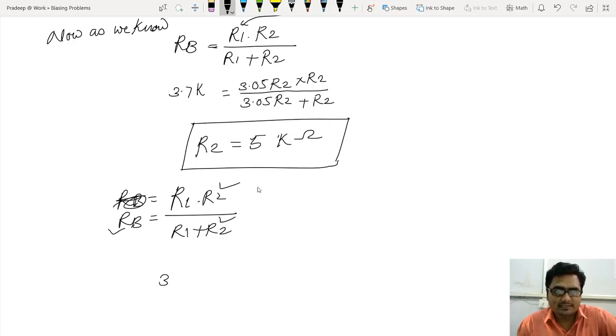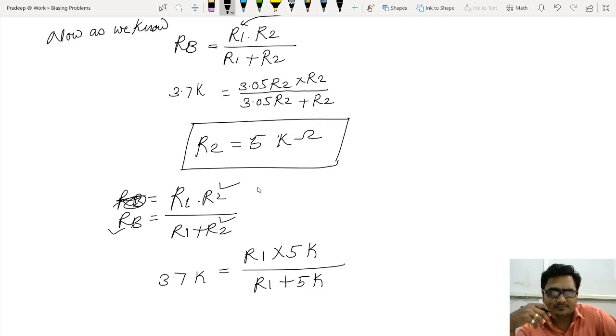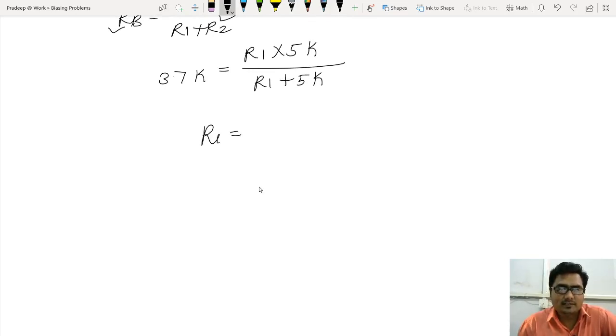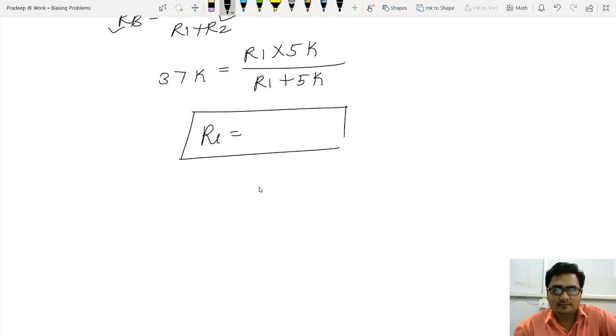So it means 3.7k is equal to R1 multiplied by 5k divided by R1 plus 5k. Now check. Isn't it the same thing, that we have one resistor and the rest of the values? So apply the mathematics, and when you conclude with the value of R1, that will be the final value of R1.